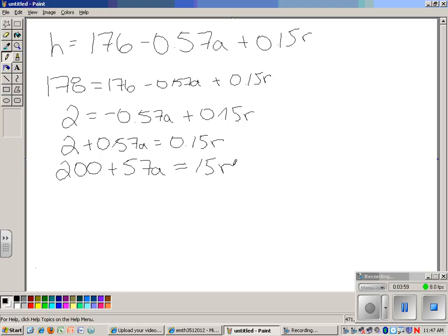So then what Mike said, we're going to divide both sides by 15. Or, in other words, we're going to multiply by 1 over 15, right? It's the same thing. Sorry.